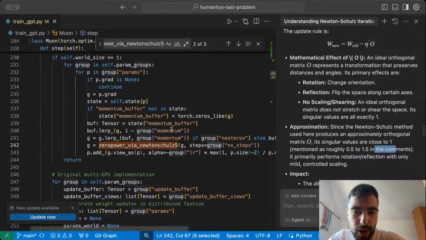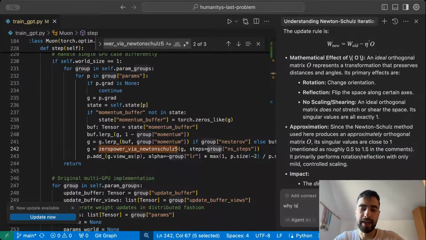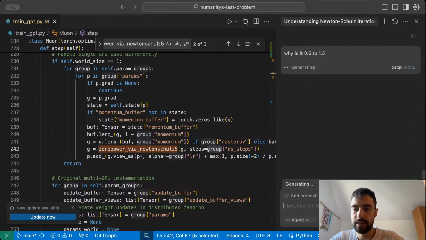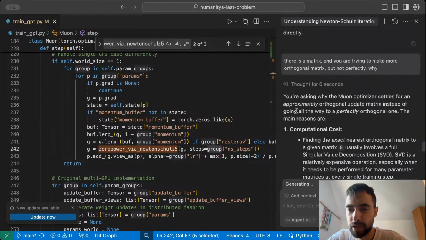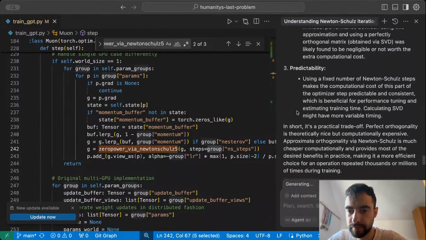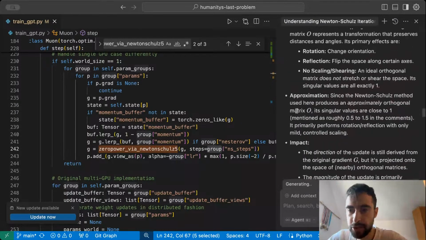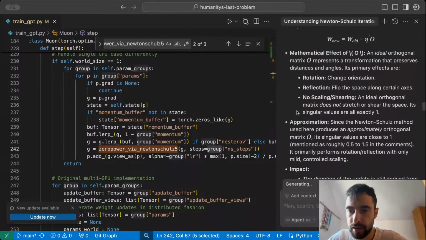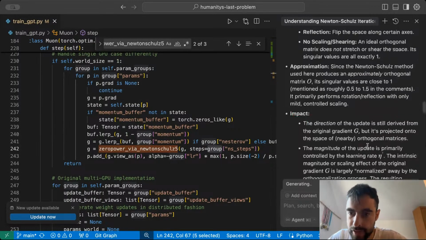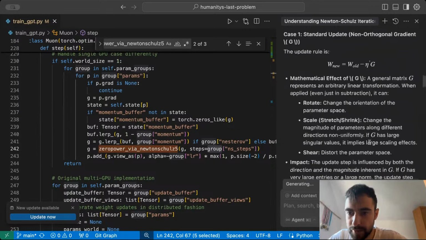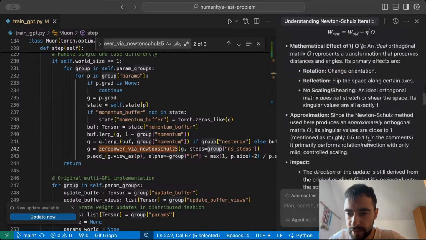In the comments, why? Okay, why is it 0.5 to 1.5? Let it answer here, but I'm gonna continue reading. It's gonna be which one? This one. I stop scrolling my screen here.